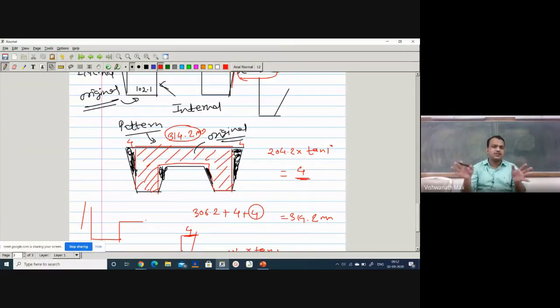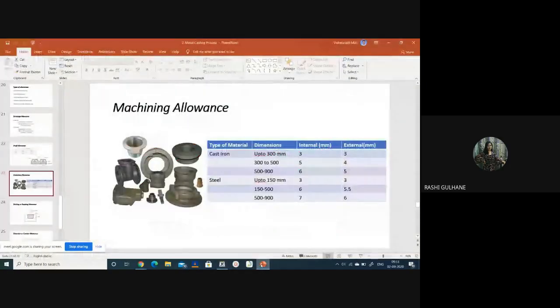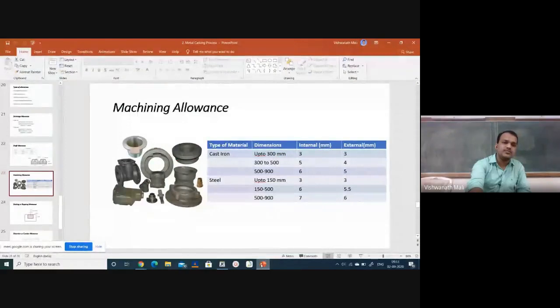But external surfaces are generally not used for any mating parts. That's why 1-2 mm extra machining allowance is given to the internal surface. That is the main reason. Okay, sir.